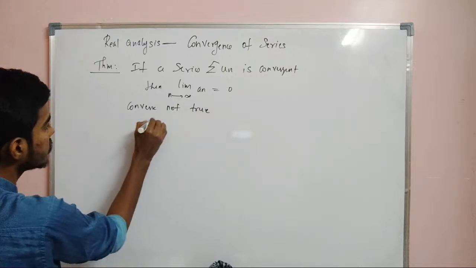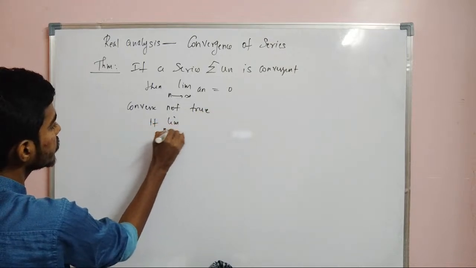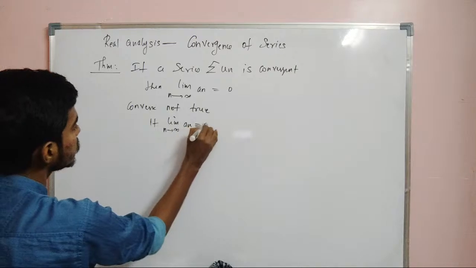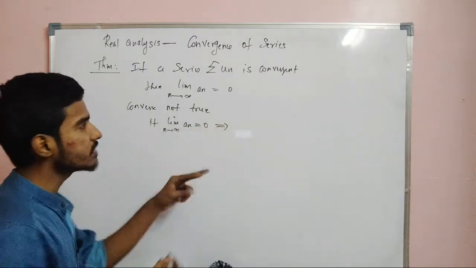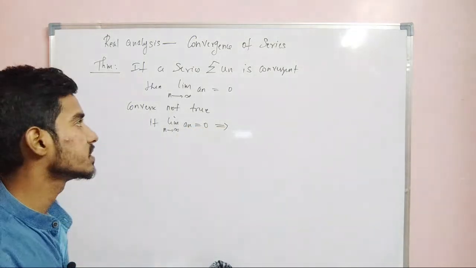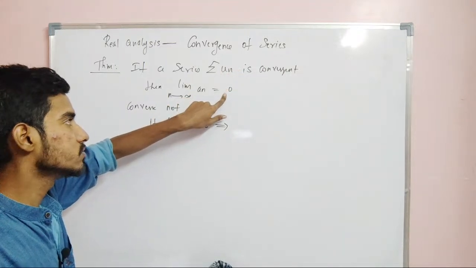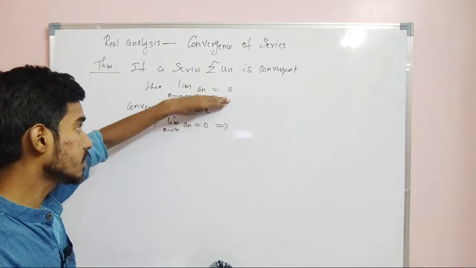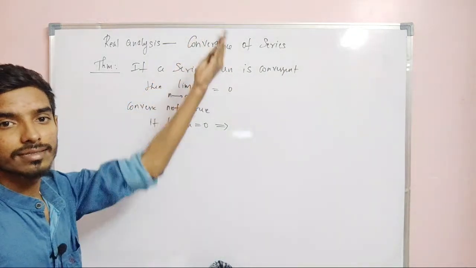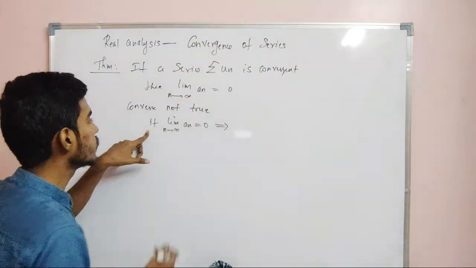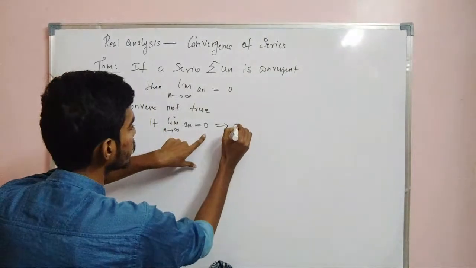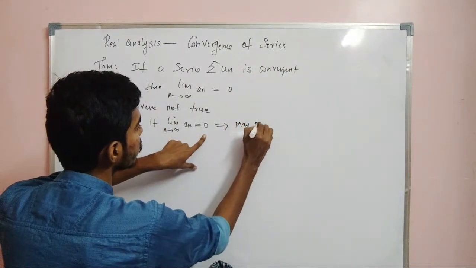That is, if limit n tends to infinity of un is equal to 0, then the series may or may not be convergent. If it is convergent, then the limit will be 0, but if the limit is 0, it is not necessary that the series has to be convergent.